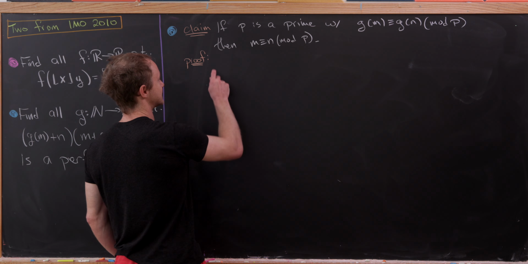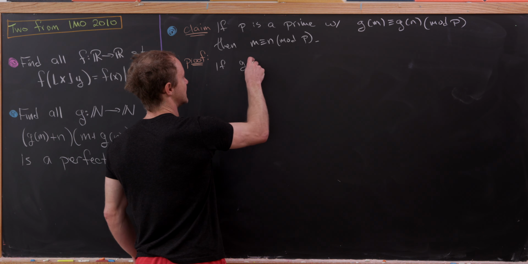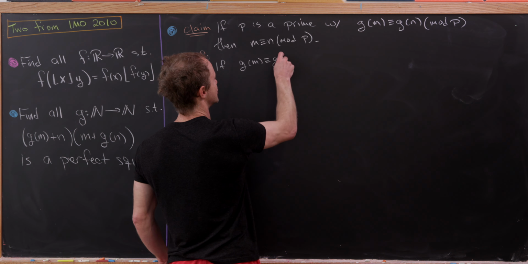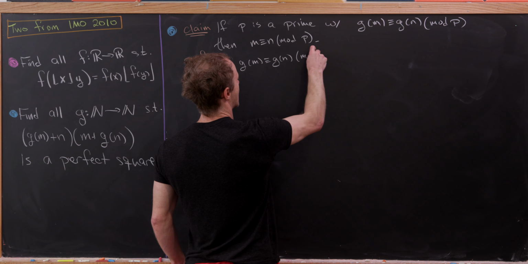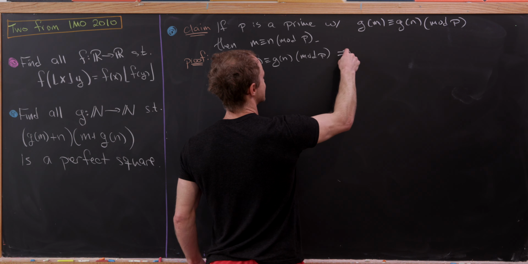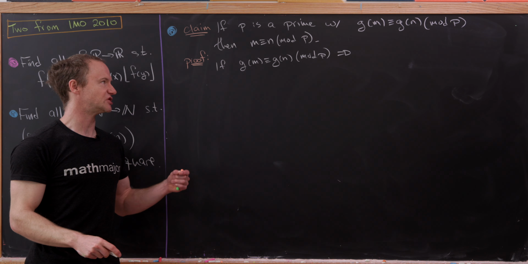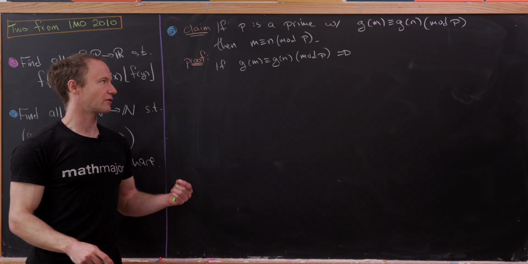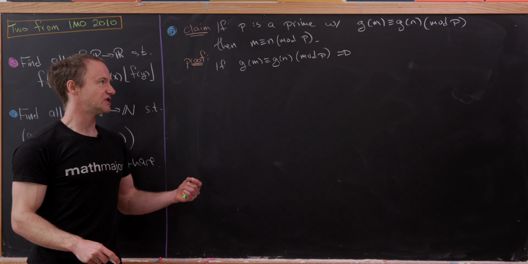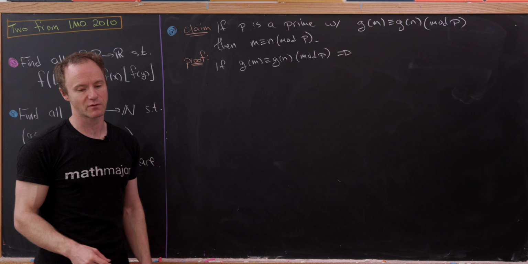So let's notice that if g of m is congruent to g of n mod p, then among other things, that means that if you divide g of m by p, you get a remainder, and if you divide g of n by p, you get the same remainder.